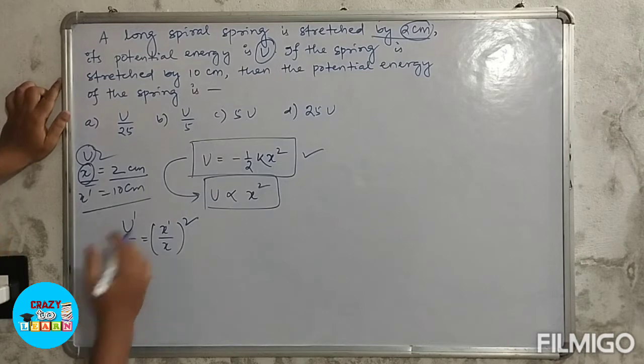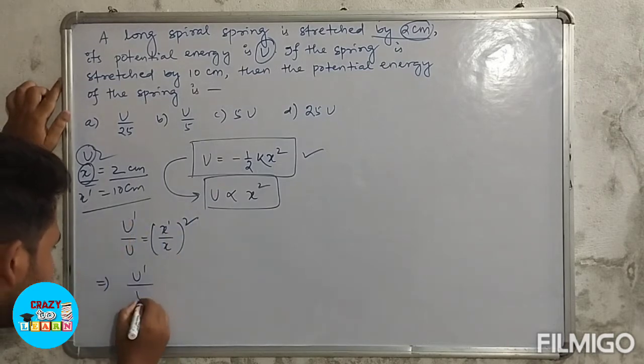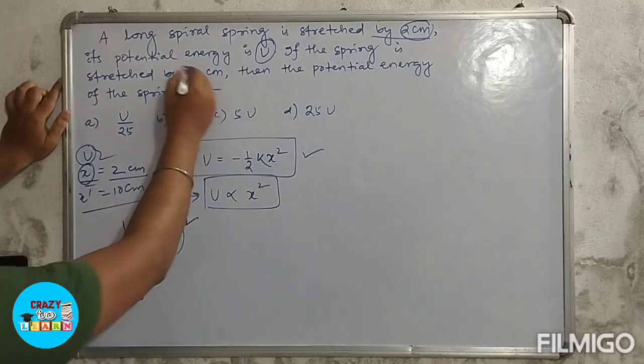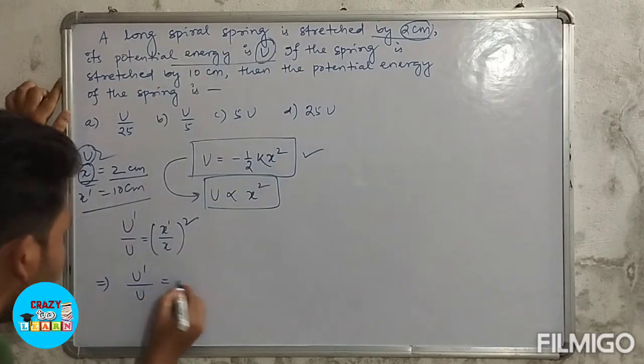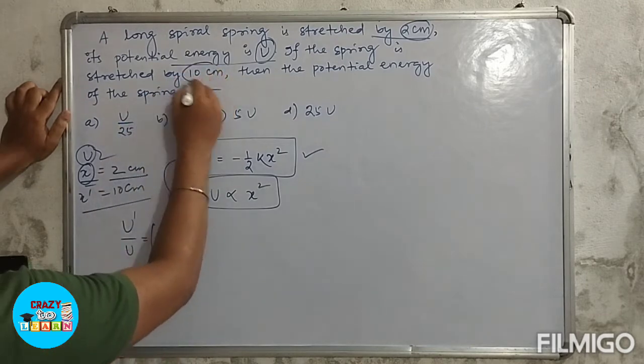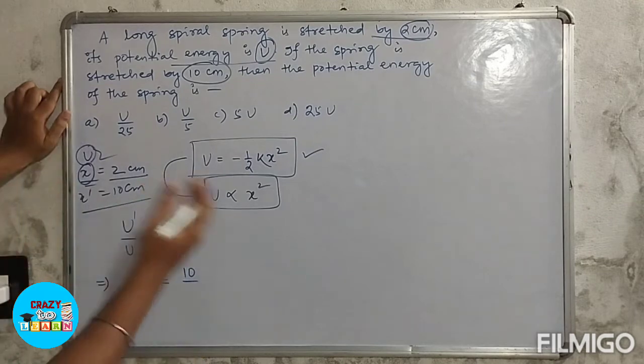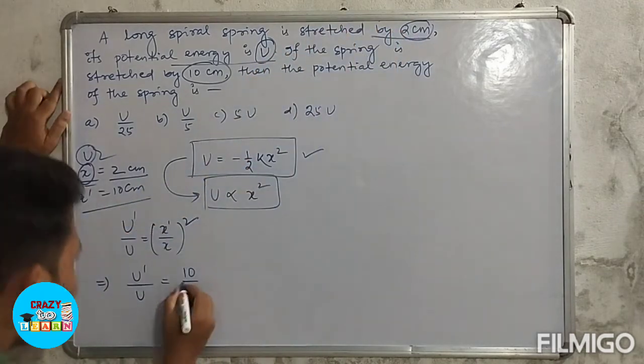For the second case we want to find the potential energy U dash; for the first case the potential energy U is already given in the question. For the second case the spring is stretched by 10 cm, so in the place of x dash just put 10, and for the first case the stretching length is 2.